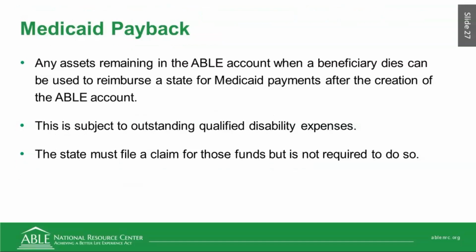Under the federal law, it allows the state of residence that was providing Medicaid services from the date an ABLE account opened until the date of death to seek payback from whatever remains in the ABLE account, subject to whatever outstanding qualified disability expenses are still there. The state is allowed to make this claim. It's not required to do so.